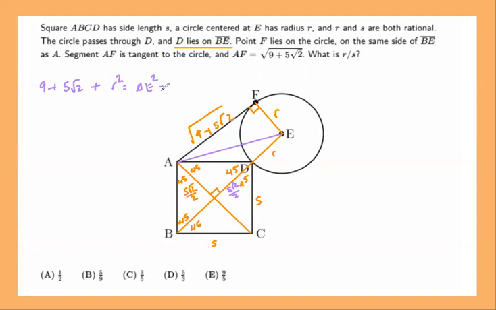And then if I want to write another Pythagorean on this side, this leg is S root 2 over 2, and I need to square that. If you square this guy, you get S squared times 2 over 4, so that will be S squared over 2. And then I need to add these two, which will be S root 2 over 2 plus R, and that is the sum to the second power.